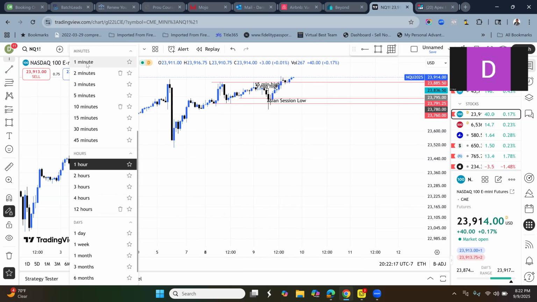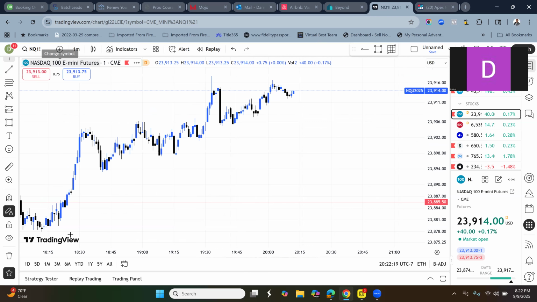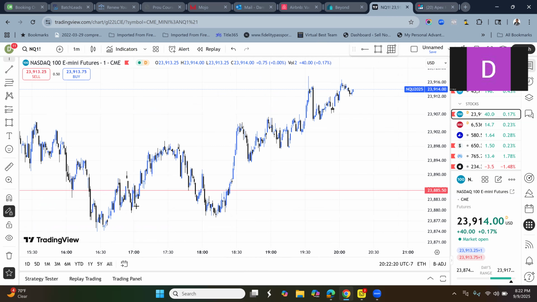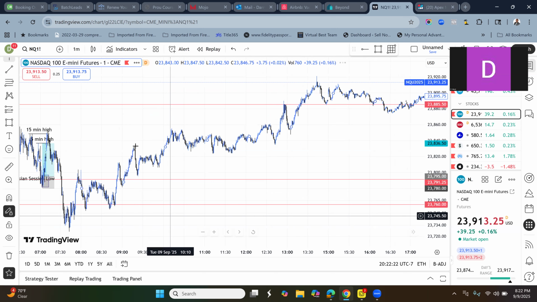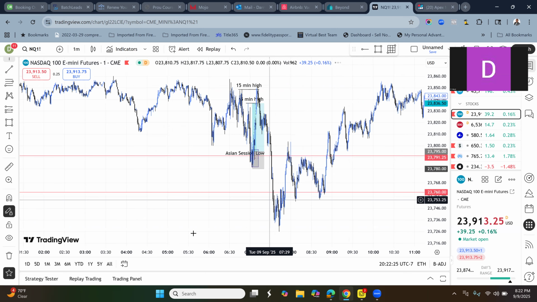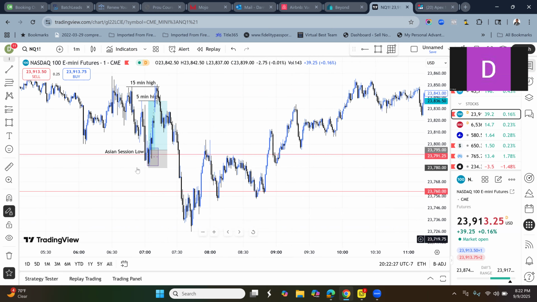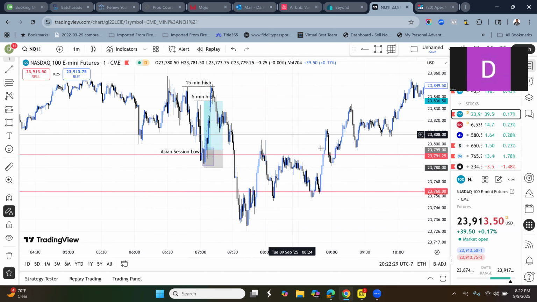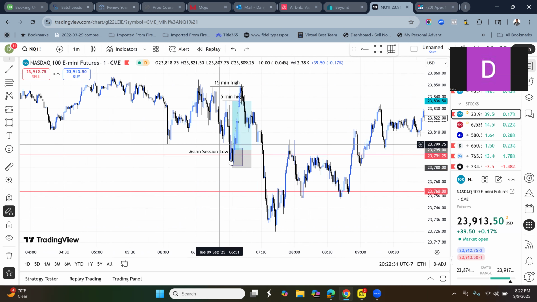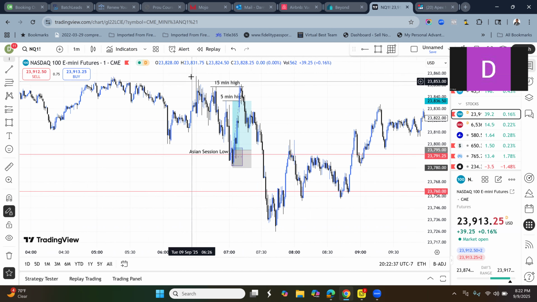Going into market open, it was low-key Chop City, I'm not gonna lie. There was bearish divergence right here.